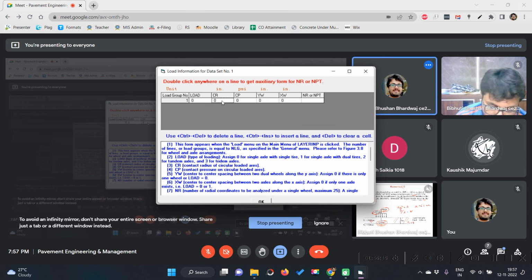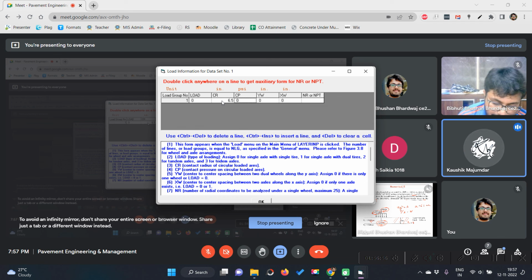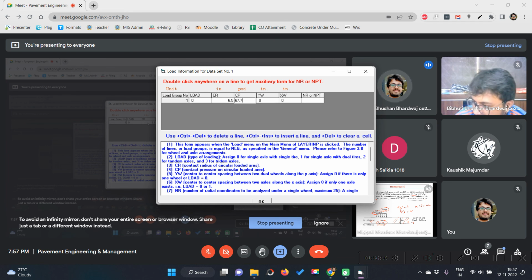Contact radius, sir, 6.5. CP is contact pressure. How much? Sir, 67.7 psi. This YW and XW, center to center spacing, assign 0 if there is only one wheel. Okay, only one axle, so both will be 0.